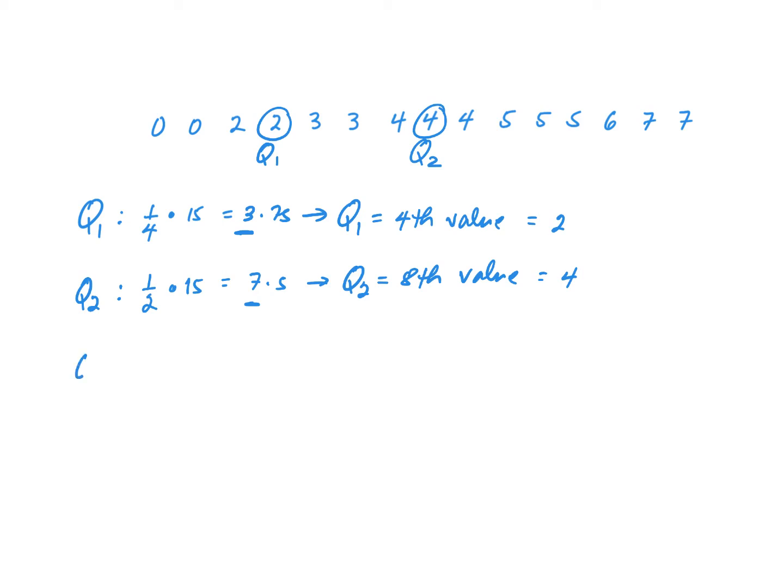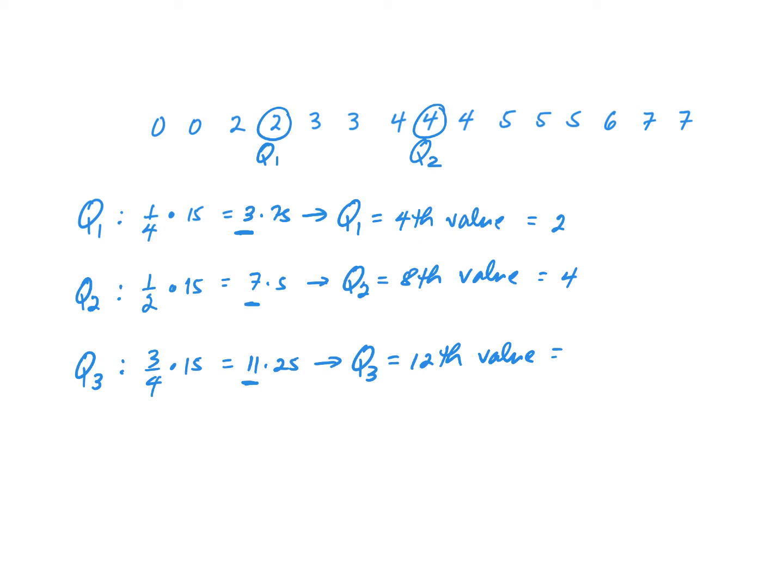The third quartile is the third divider, so it's 3/4 of the distribution. So 3/4 times 15 is 11.25. So it means that the third quartile is after the 11th term. So Q sub 3 is the 12th term, or the 12th value.